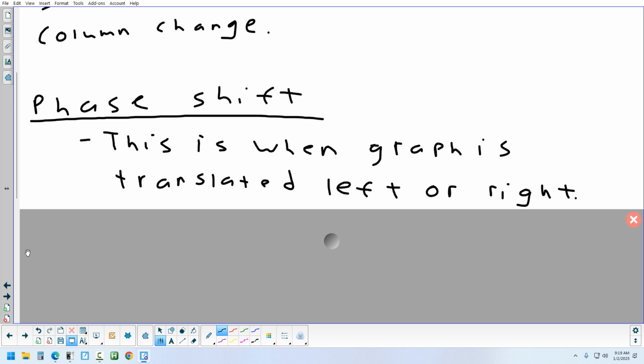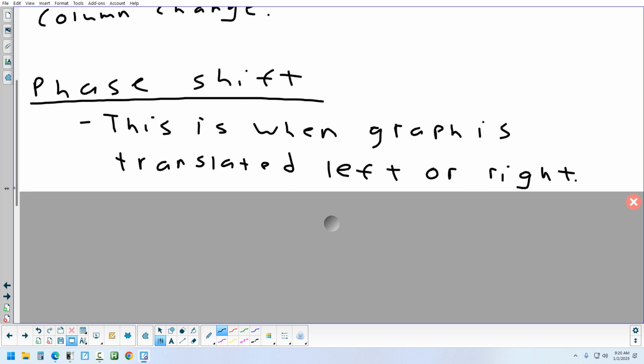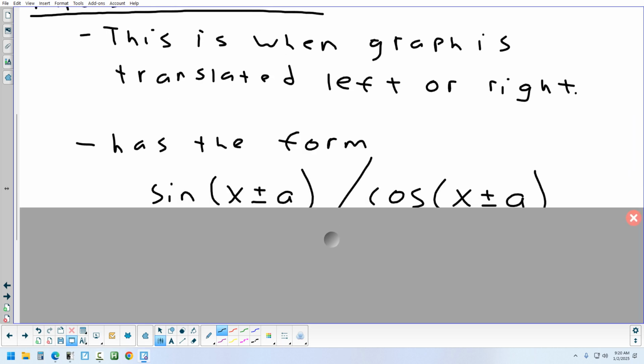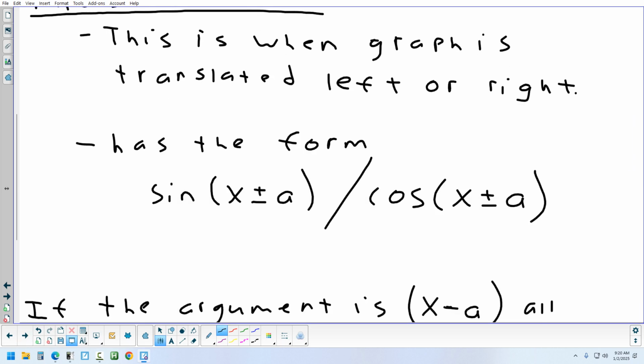Would it be inside or outside the parentheses? Which way is horizontal? Inside. A positive number is going to move it which way? Like if you had x plus 90 degrees, plus is going to move it to the left. And negative moves it to the right. So we already know all that. Hopefully everything you're writing down now, you should already know.